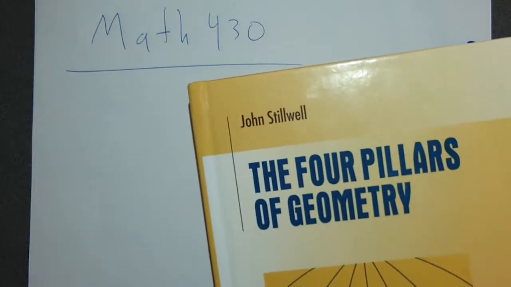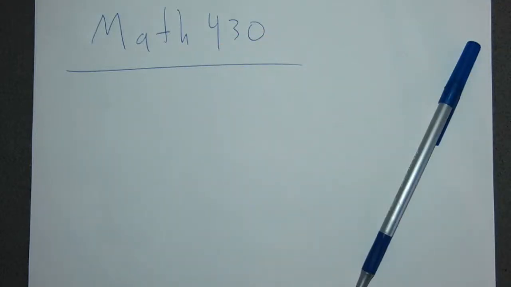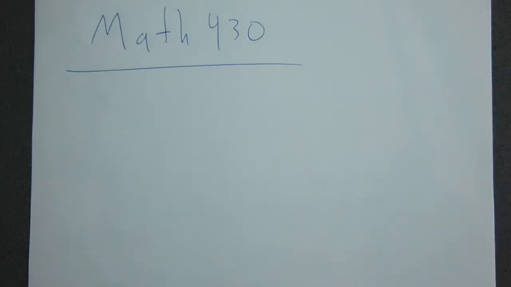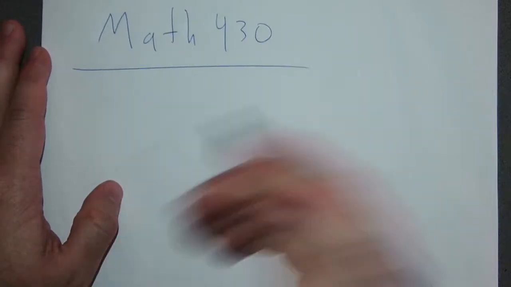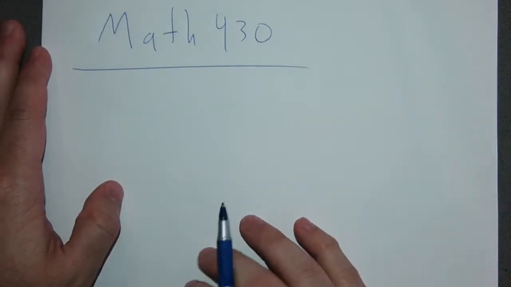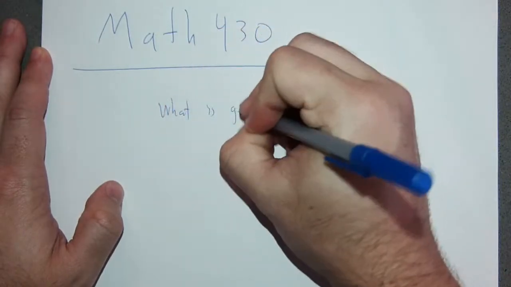The textbook is called Four Pillars of Geometry, so naturally you have a question about what the four pillars of geometry are. First, you might ask, what is geometry?